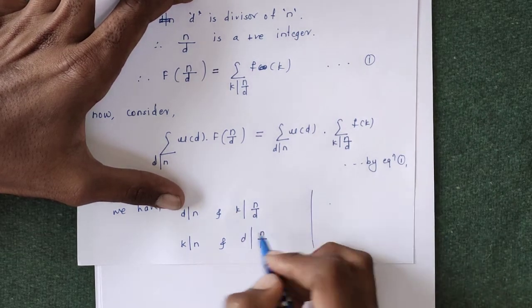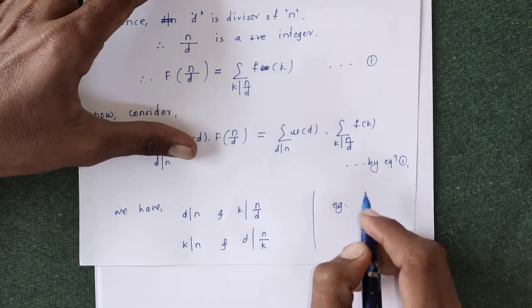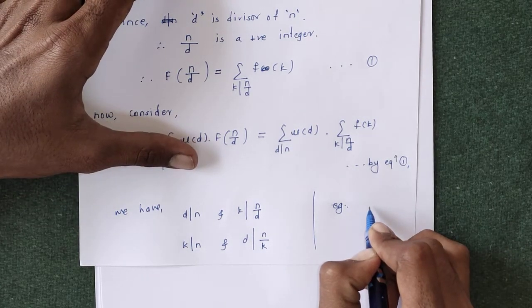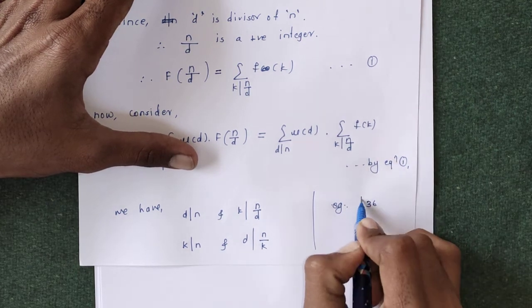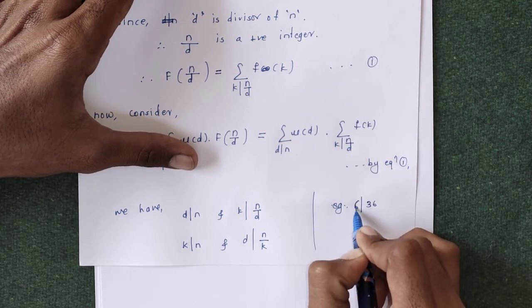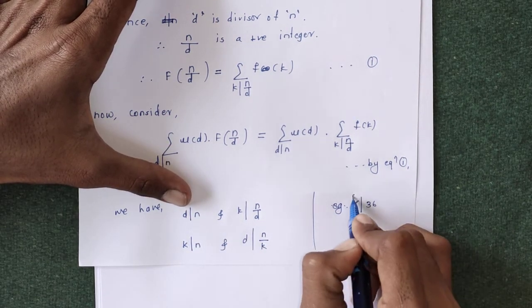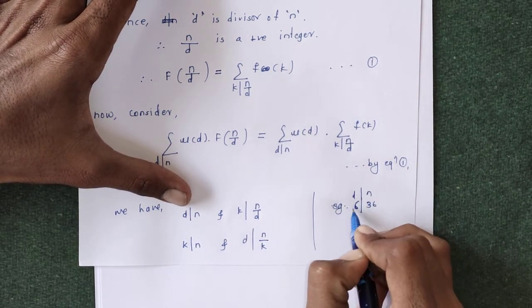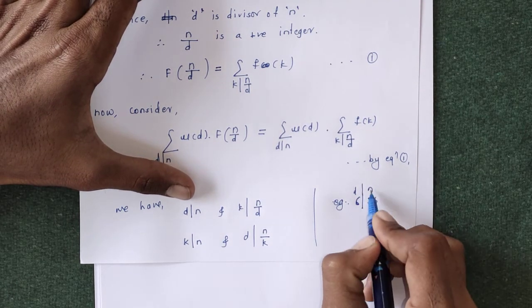For example, this is just a rough case. Suppose 6 divides 36. So d is equal to 6, n is equal to 36. Then suppose k is another divisor of n by d.